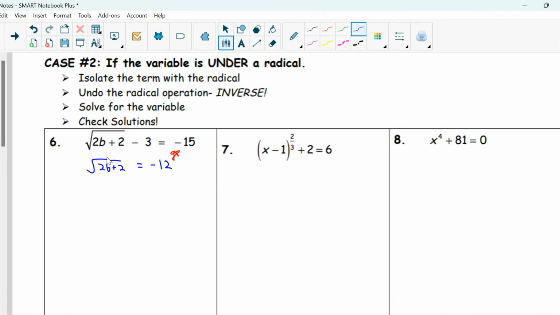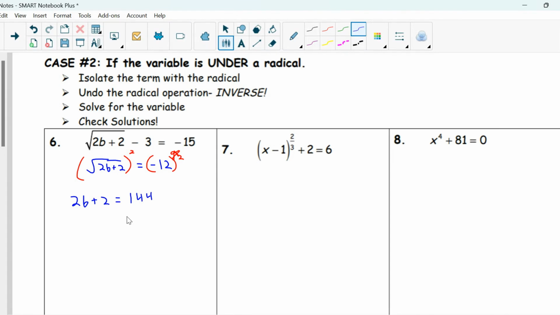So now, if we want to simplify a radical, let's take both sides and square them. That way, my radical and my exponent are going to cancel. So on my left side, I've got 2b plus 2, which equals negative 12 squared, negative 12 times negative 12, which is 144.